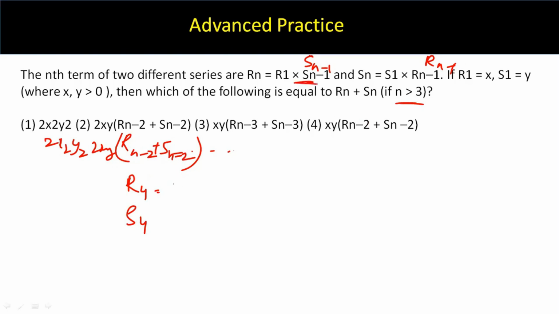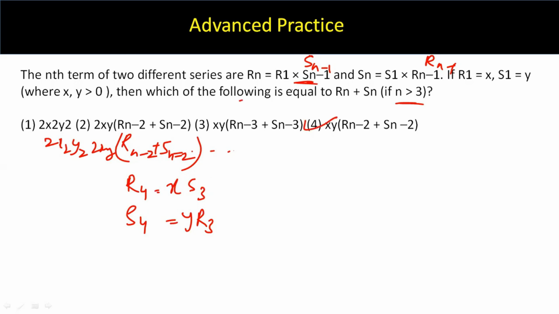R4 will be x S3. And S4 will be y R3. And then similarly I calculated R5 and S5, and from that xy is common and R3 is inside the bracket, so option 4.